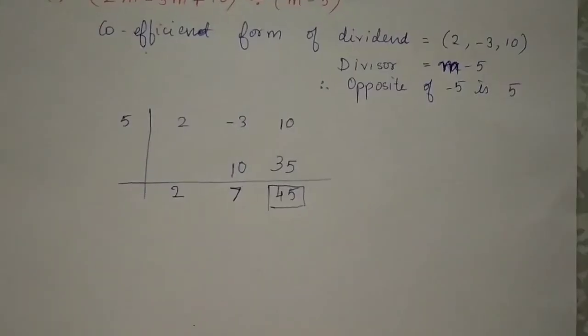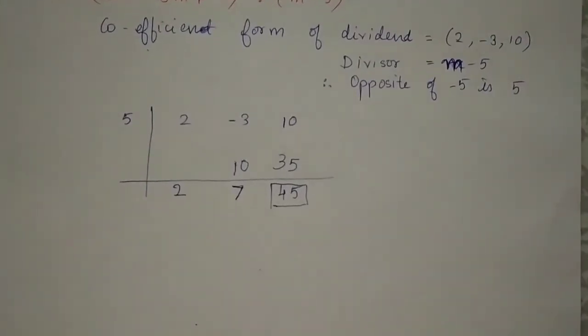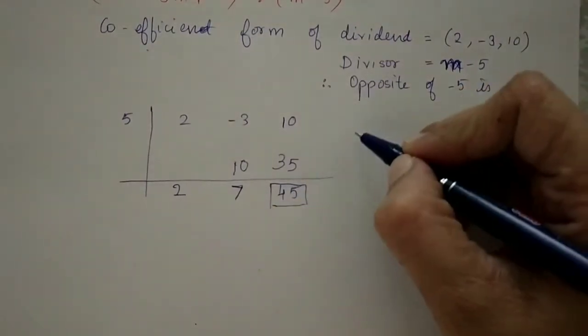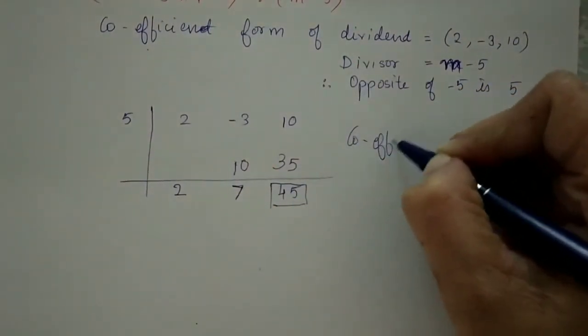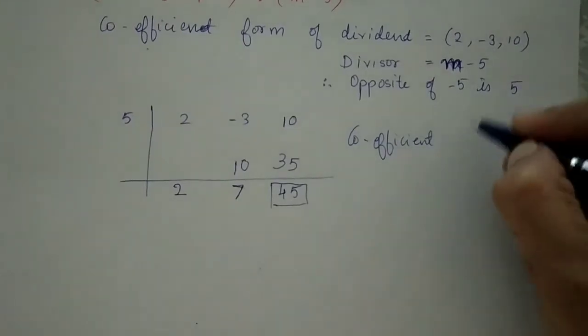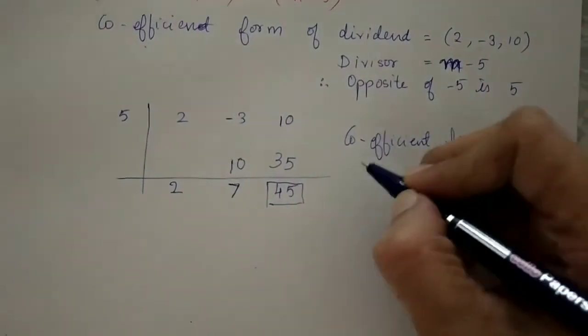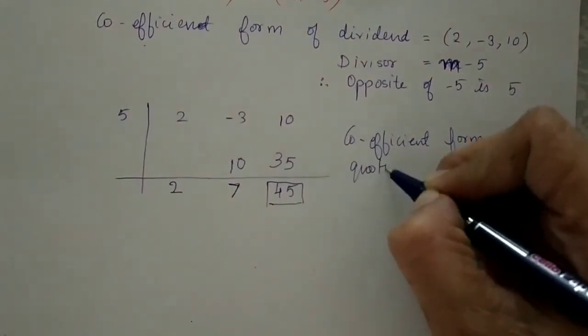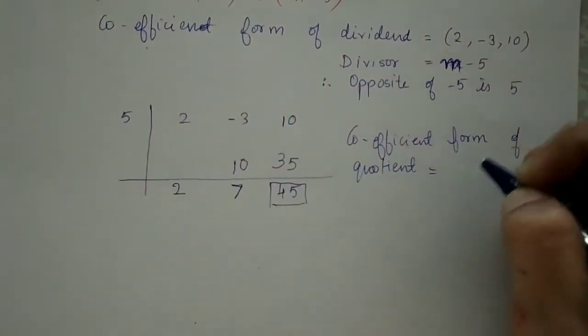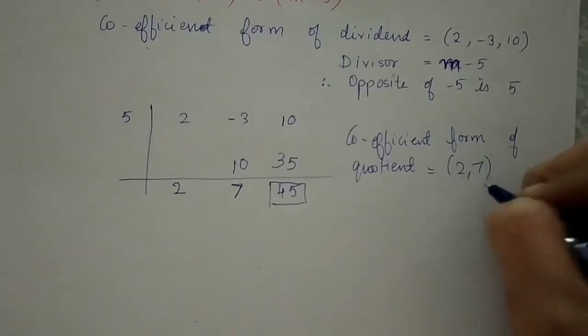How will we write? So now what I will do is write down the coefficient form. The 2 and 7 is the coefficient form of the quotient.